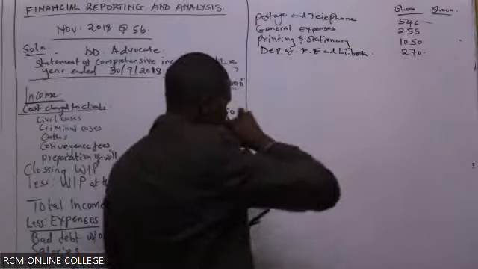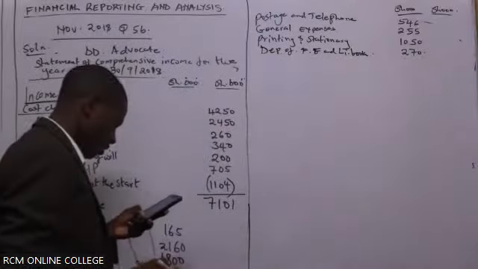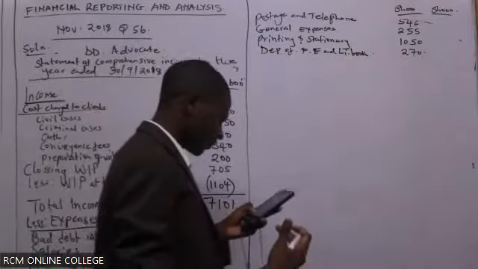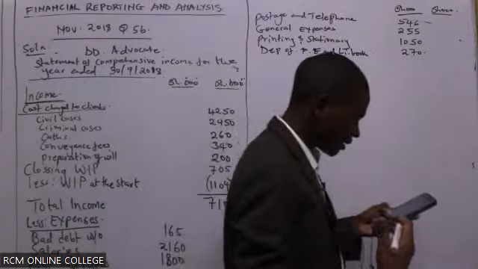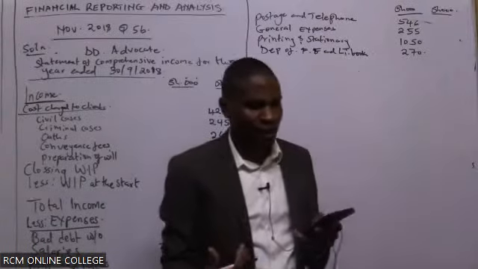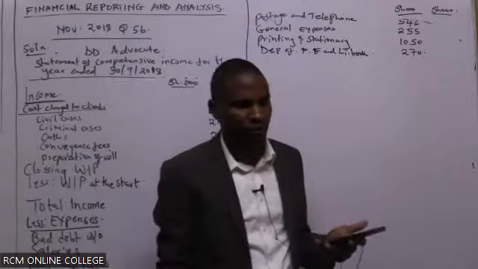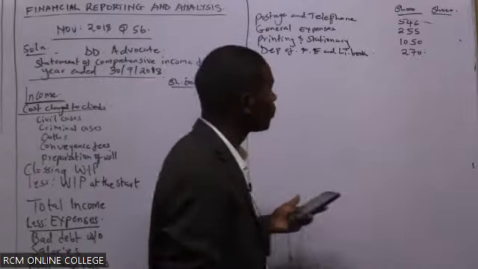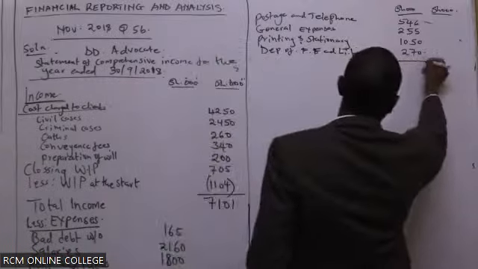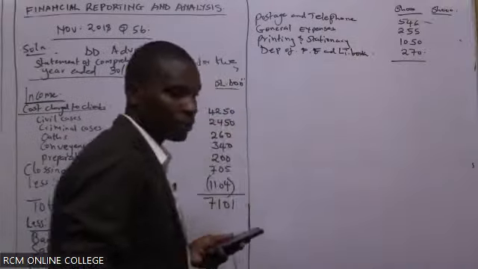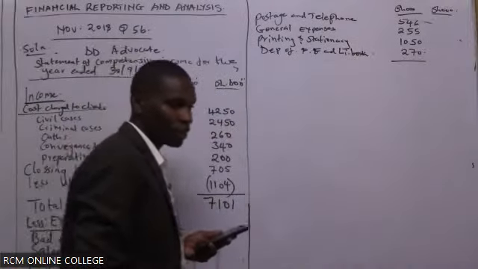Now, are we done with our expenses? You can see we are done, right? So what's the total? Go to the balance sheet and then we finish up.